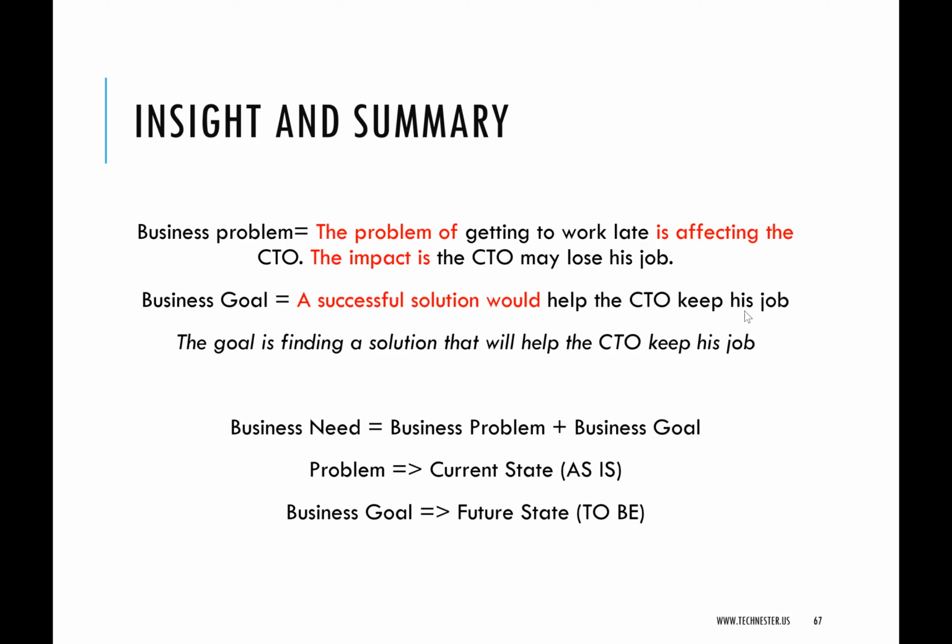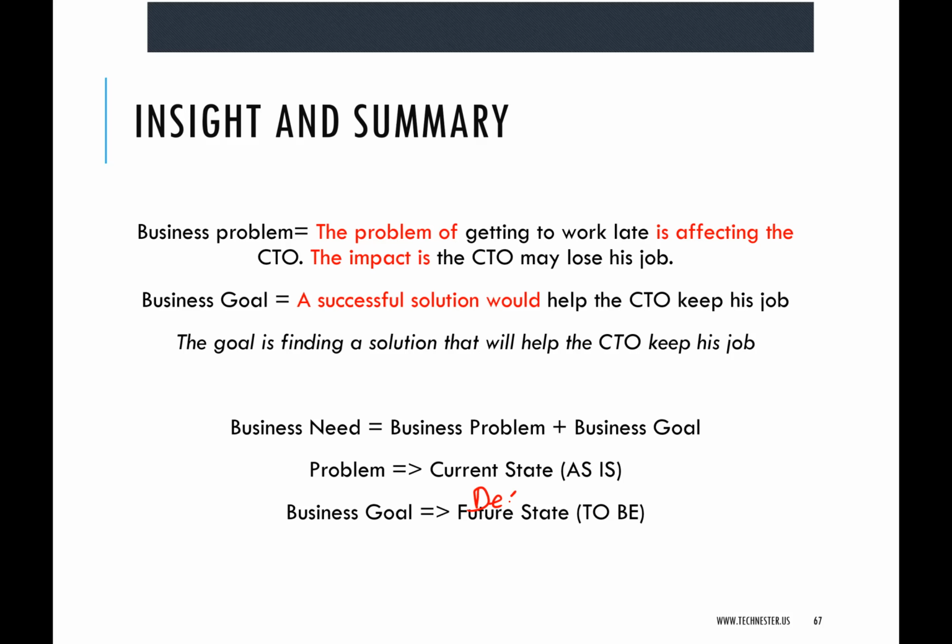Where we are now as a business, maybe we cannot deliver goods around our province or around our state. So if people order online, we cannot deliver, or we cannot mass produce, we need machines. So our goal then will be being able to deliver, being able to mass produce whatever we're producing to reach everybody in the province. So that goal is our desired future state. That business goal is our desired future state.